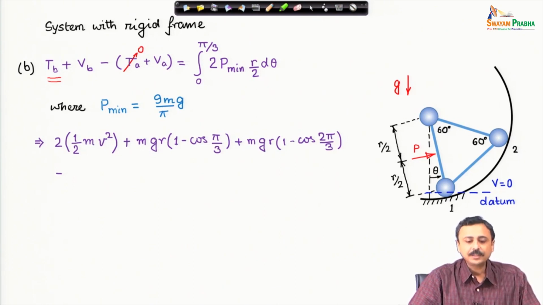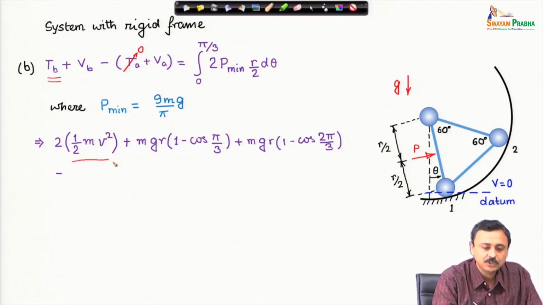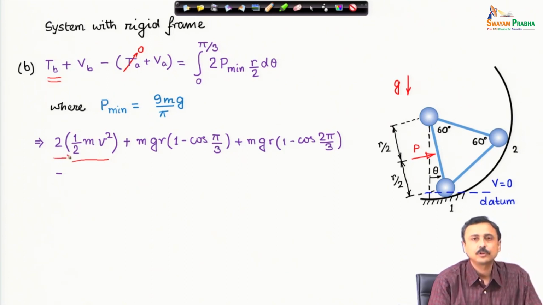I have written out the expressions of the kinetic energy for the 2 particles, as you can see here. This is for the individual particle, and for 2 particles it is 2 times the kinetic energy of the individual particle, since they are identical particles.